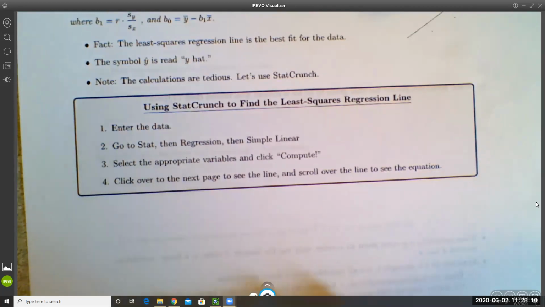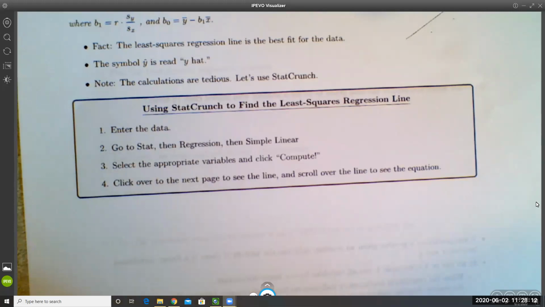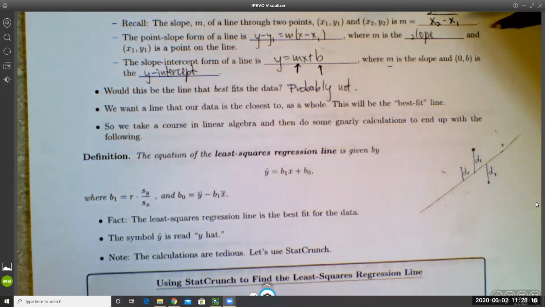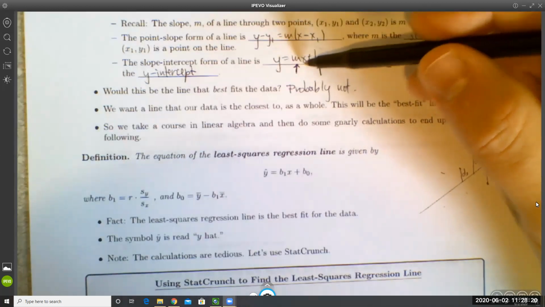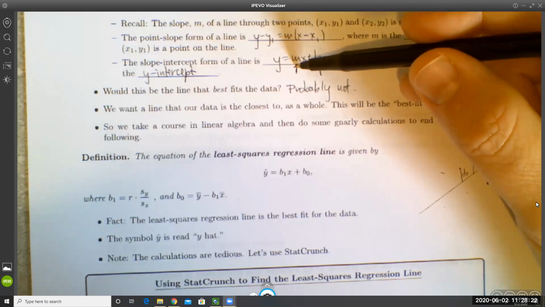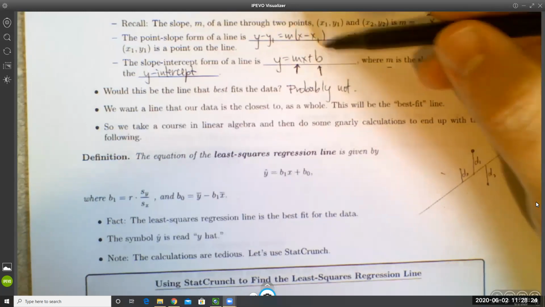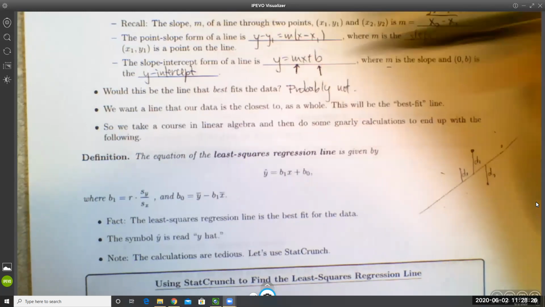The main two things I want you to take away from our discussion on this first page are these. First of all, to remind you that the thing you're multiplying by x is the slope of your line, and the thing that you're adding is the y-intercept of the line.